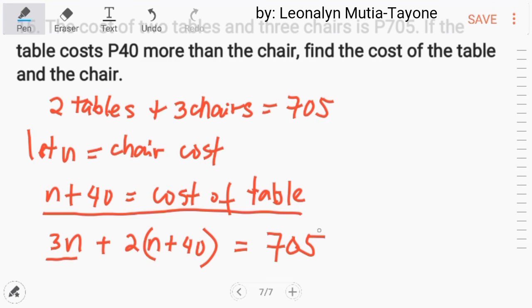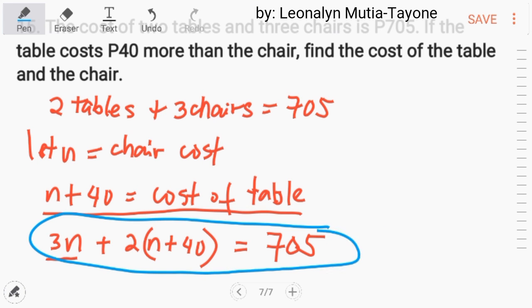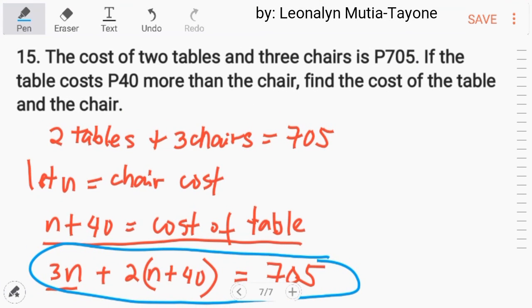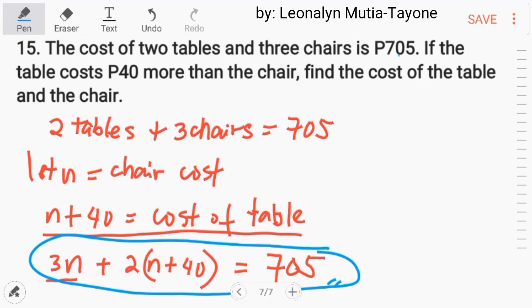So, ito na yung equation natin. Again, the cost of 2 tables and 3 chairs is 705. Tapos, para makagawa tayo ng equation, if the table costs 40 more than the chair, so let N be our chair. So, N plus 40 equals cost of table.